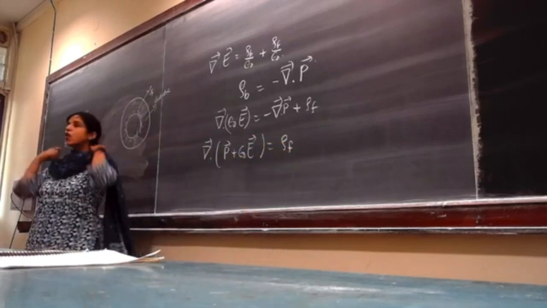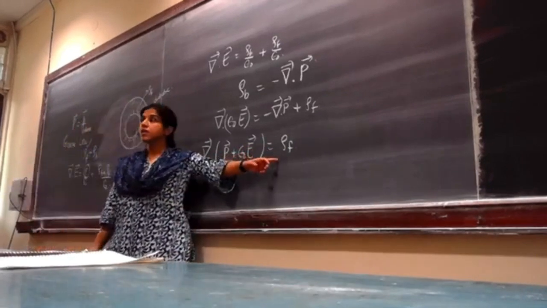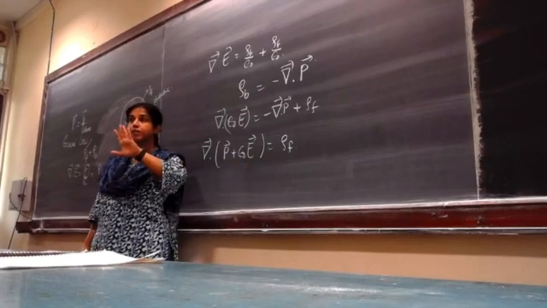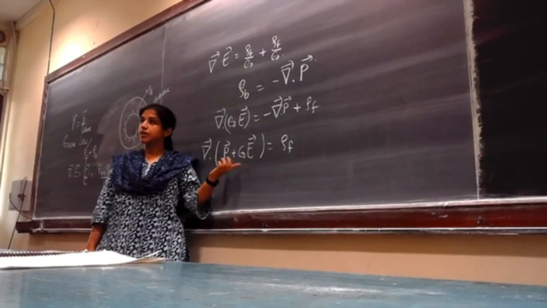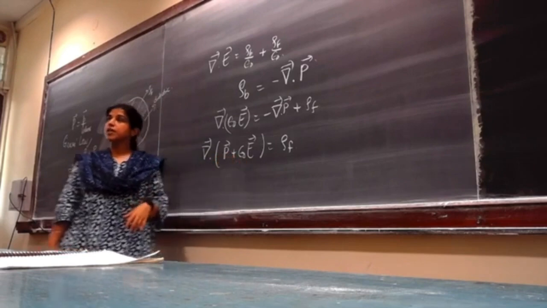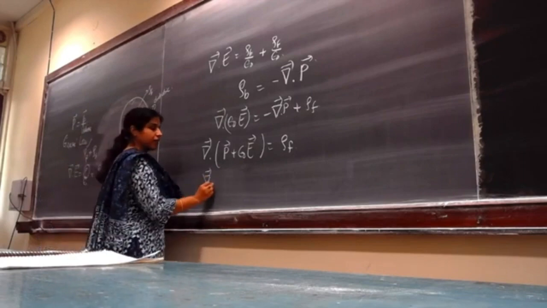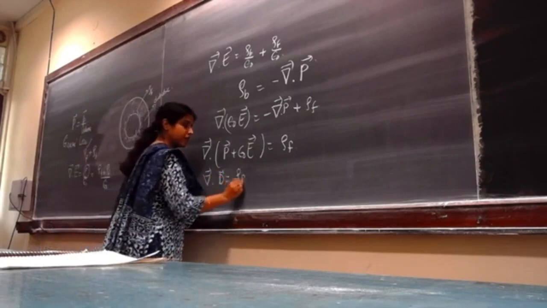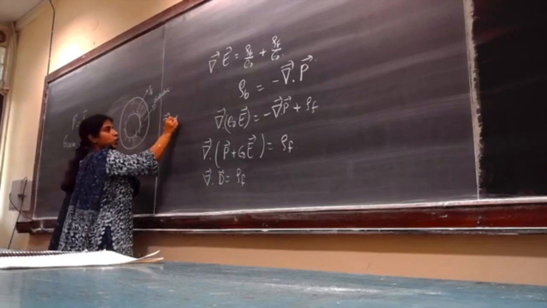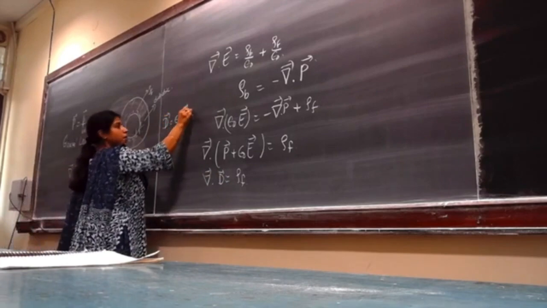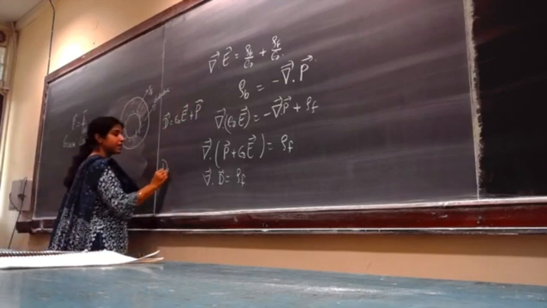So what you see now on the right hand side is only the free charge volume density, right? This vector D, which is equal to epsilon naught E plus P, is what we call the displacement vector.